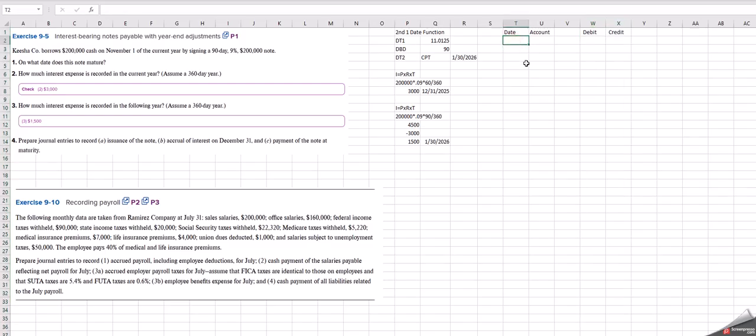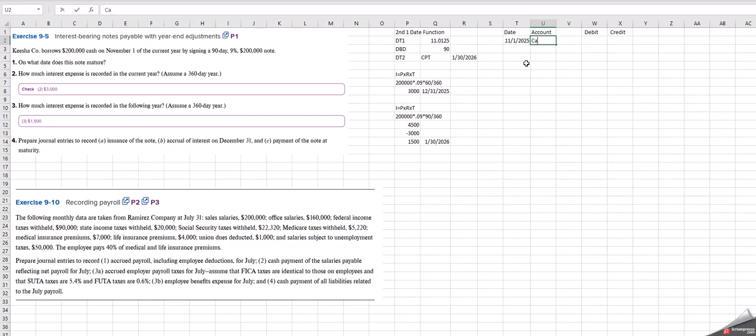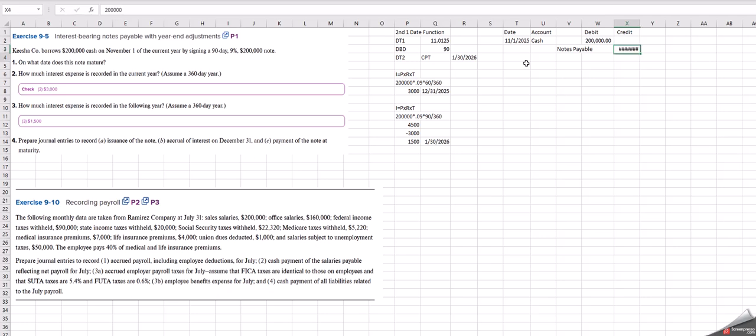Okay, so on November 1st, when we issue the note, we are going to receive the cash for $200,000, and then we're going to record the notes payable as a credit for $200,000.